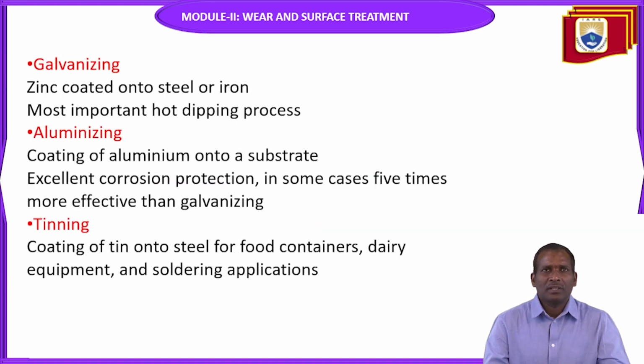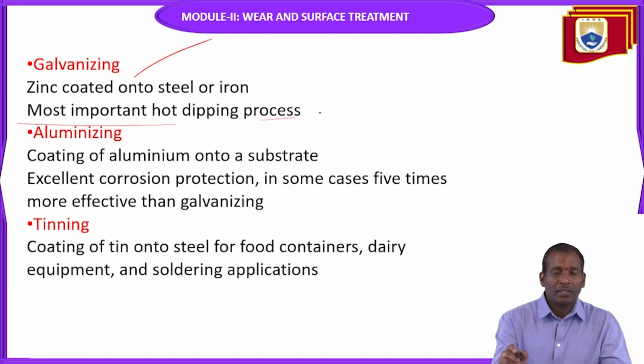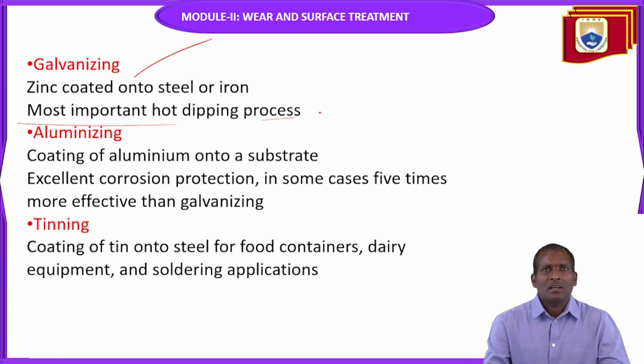Next is the galvanizing process: zinc coated onto steel or iron, the most important hot dipping process. Aluminizing is the coating of aluminum onto a substrate, that is, a part or workpiece. It gives excellent corrosion protection, in some cases 5 times more effective than galvanizing.